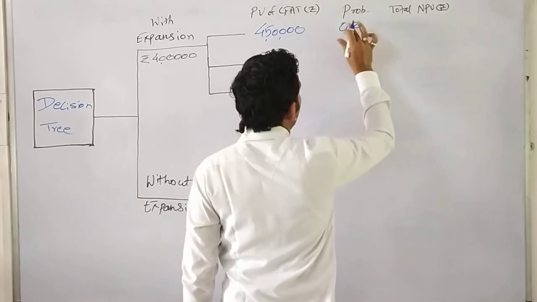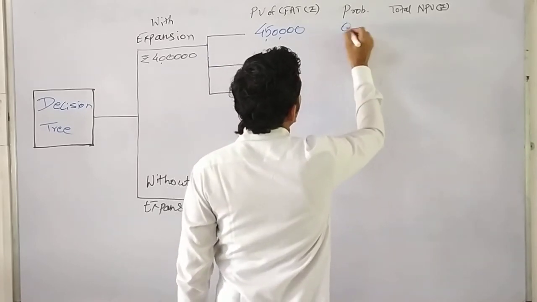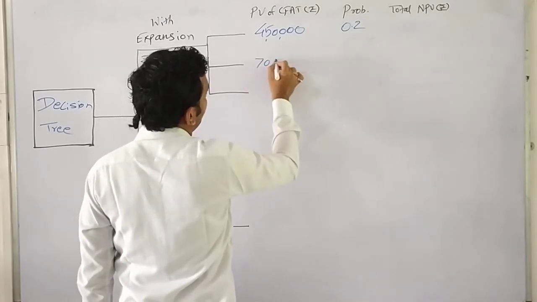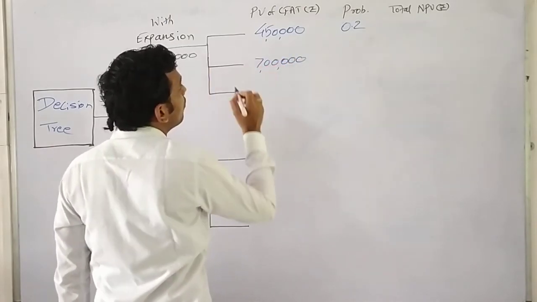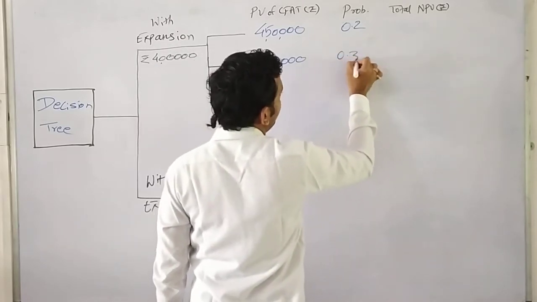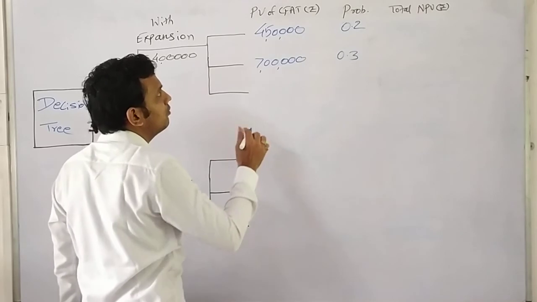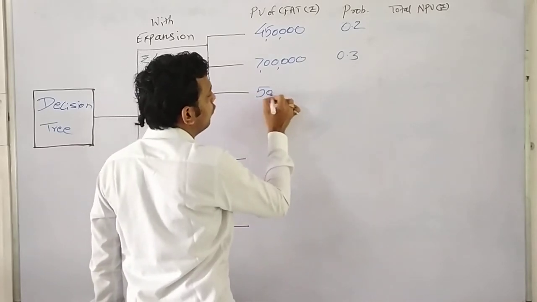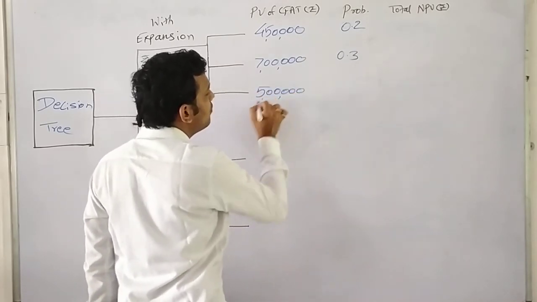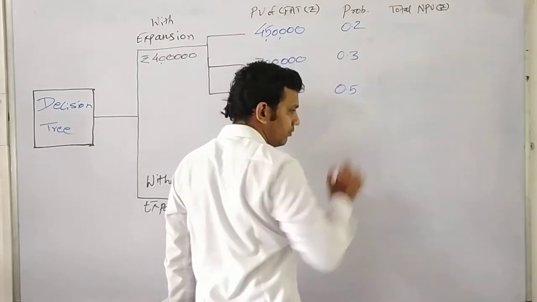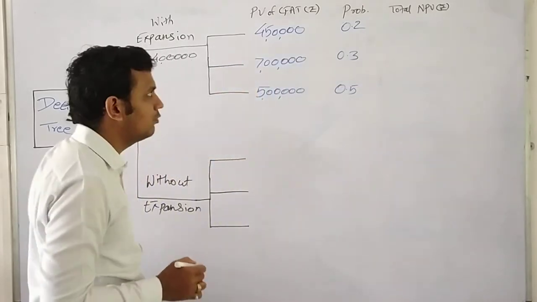For the second situation we would have a cash inflow of 7 lakh in expansion with a probability of 0.3. In the third situation we would have a cash inflow of rupees 5 lakh with a probability of 0.5. This is for the expansion part.